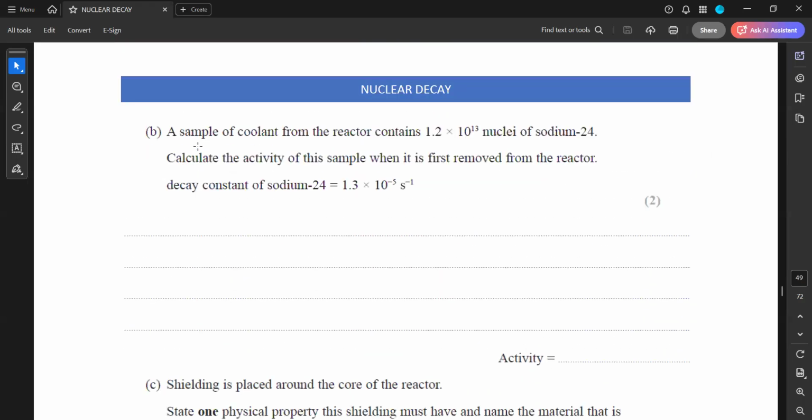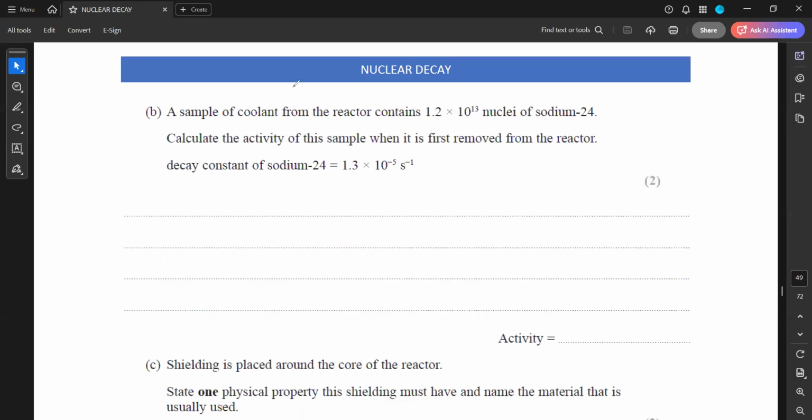The next part: a sample of coolant from the reactor contained 1.2 × 10^13 nuclei of sodium-24. Calculate the activity of this sample when it is first removed from the reactor. The decay constant, lambda, is given to us.